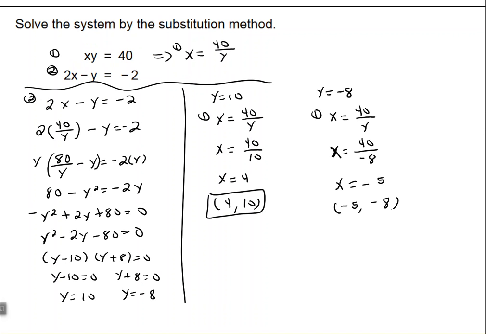All right, so if I check that back into equation 2, 2 times negative 5 is negative 10, minus negative 8, so plus 8, so negative 10 plus 8, it's negative 2 as well. Checks out. Those would be my two solutions.